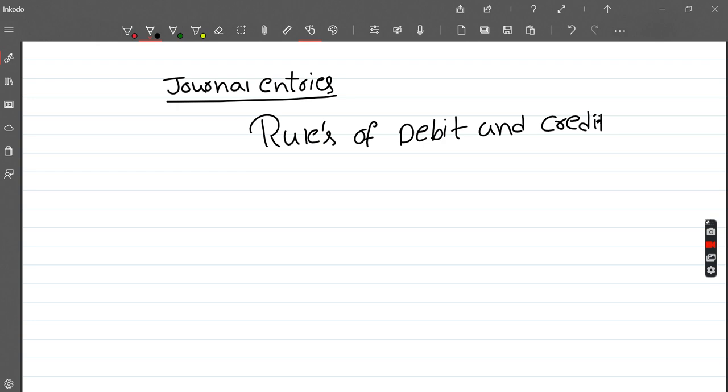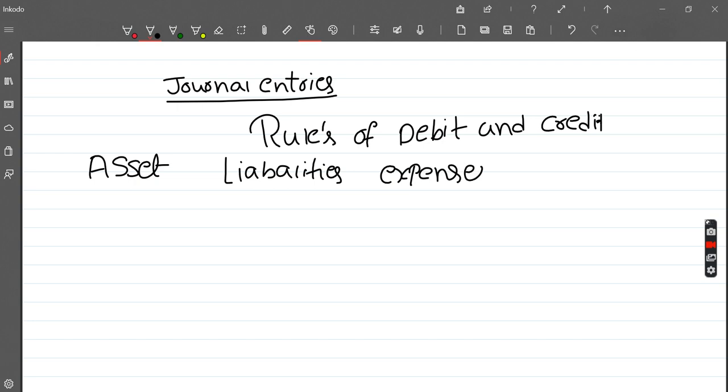Before that, you should know what is an asset, what is a liability, what are expenses and income.